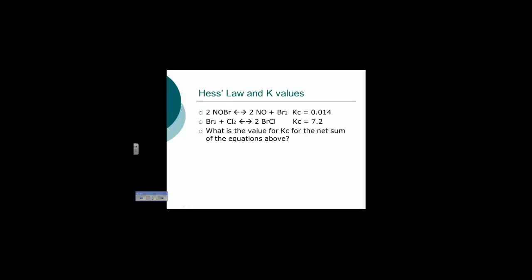What if we added those two equations together? Add the equations. Draw an arrow. Put everything on the left side we call reactants together in a single equation. Put everything on the product side, on the right side of the arrow, as one equation. Sum the two equations. What do we get in terms of a Kc?